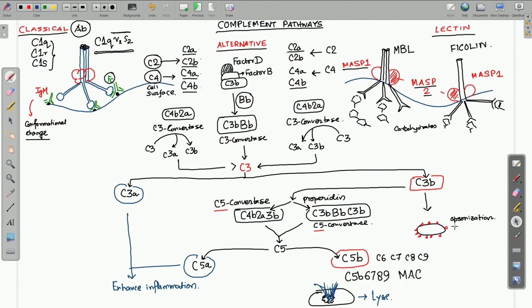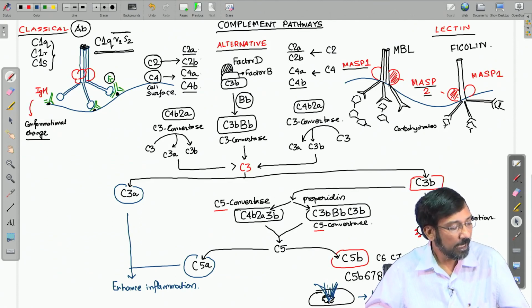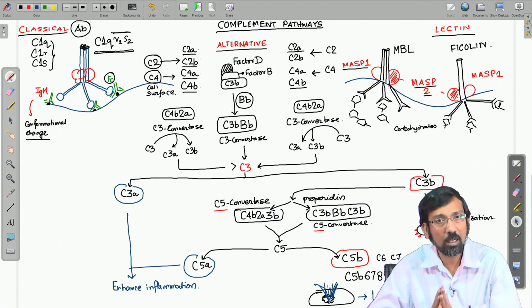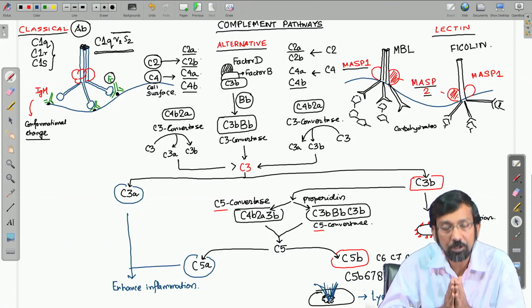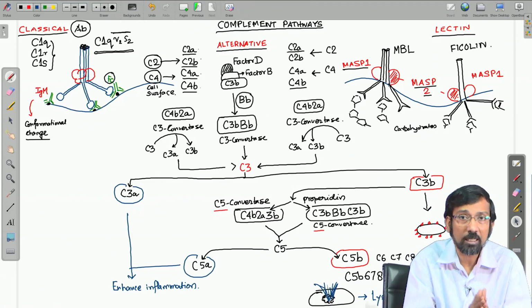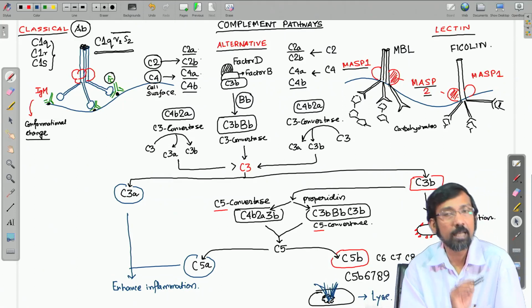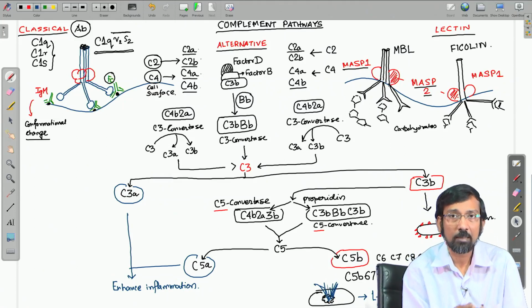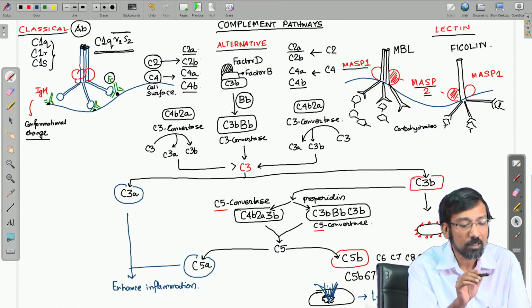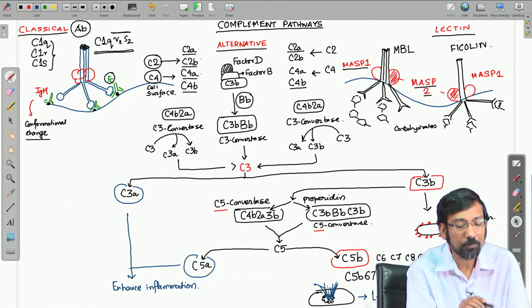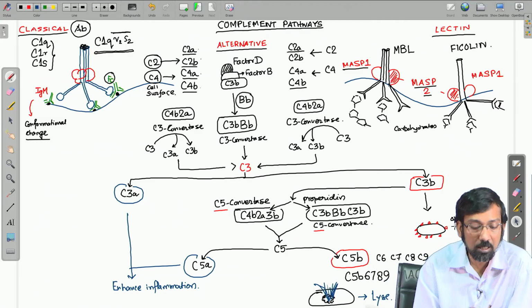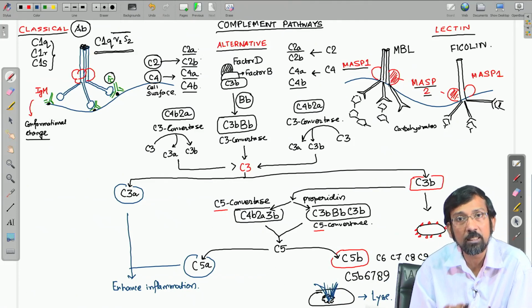We will go through them one by one once again, and we will try to understand how this complement activation occurs. So, starting again with the classical pathway, as I have repeatedly told, the classical pathway of the complement activation starts only as a result of antigen antibody interaction.